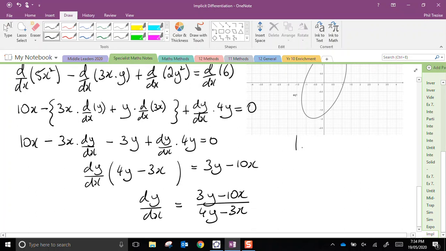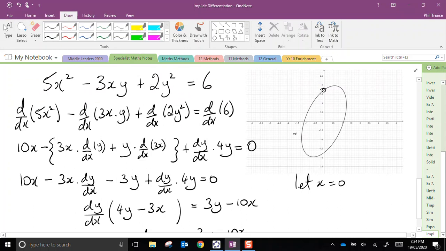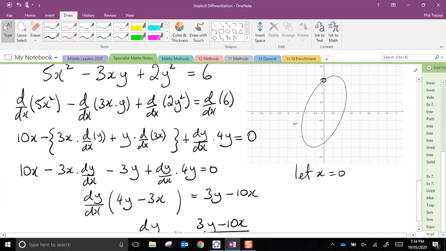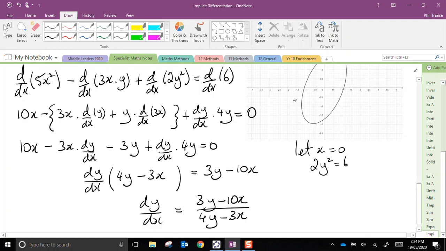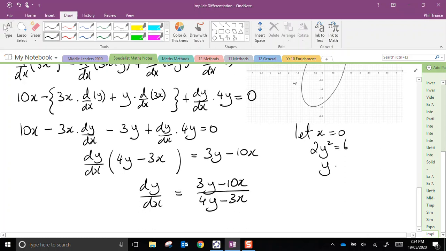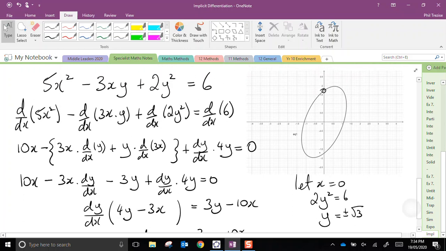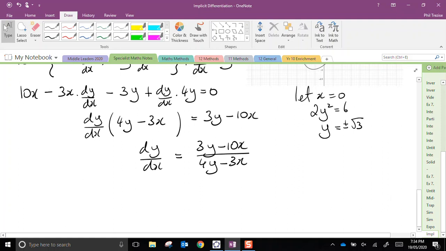So if we let x equals 0, my original formula would, well, the first term would be 0, the second term would be 0, I would have 2y squared equals 6. Divide through by 2, we'd have y squared equals 3, so y would be plus minus root 3. Now the positive and the negative gives me both of those. I'm only really interested in the point that I gave there, so that will be positive root 3.